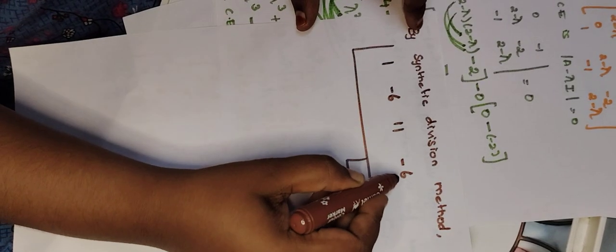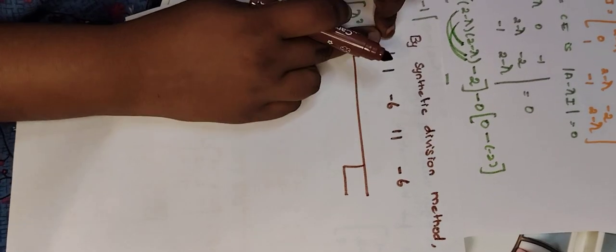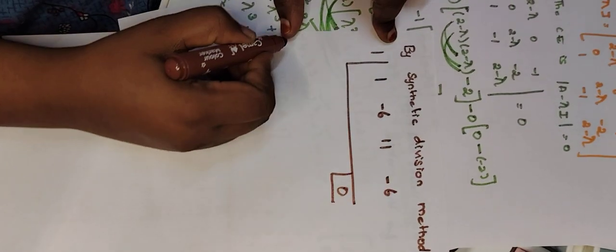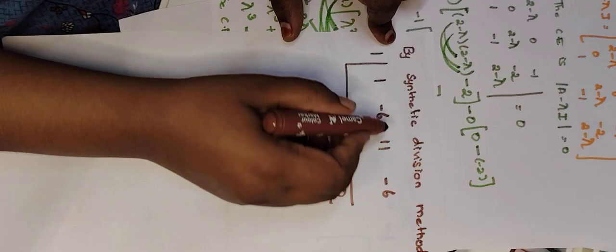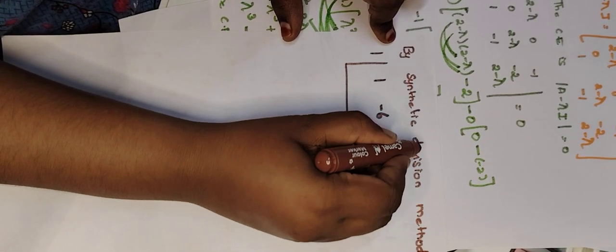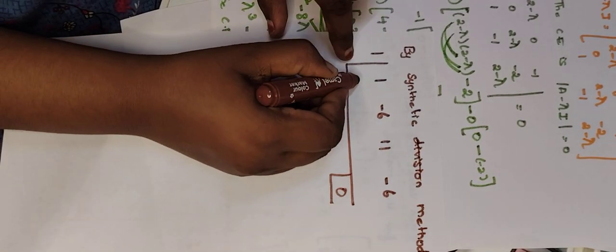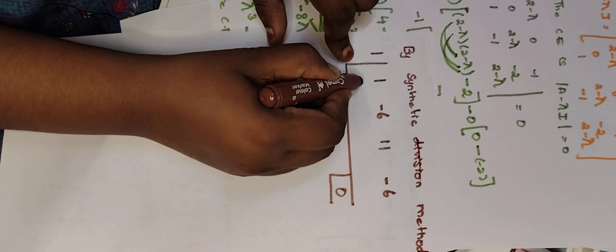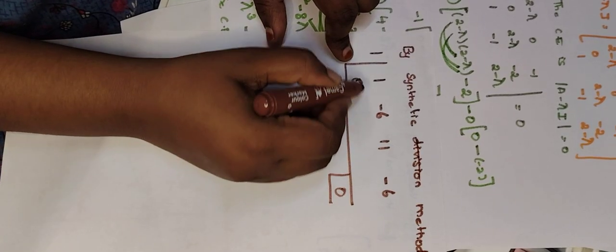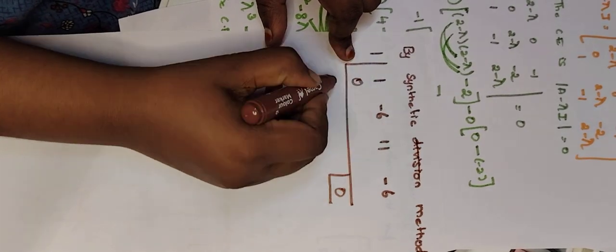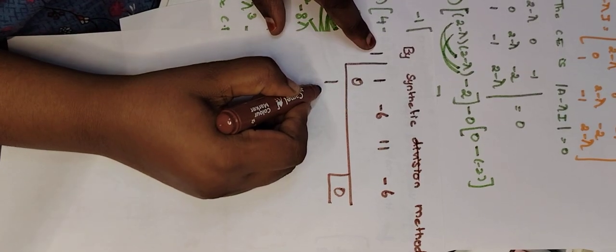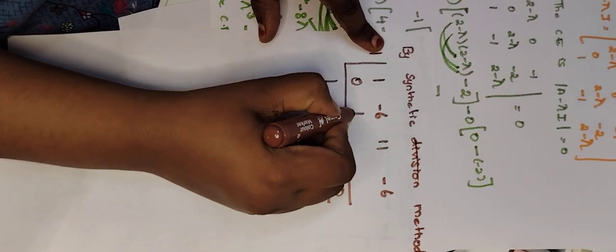The last term we need to multiply by some value such that the multiplication and addition at the end gives the value 0. So if I take the value 1, in the first step I'll write 0. So 1 plus 0 will give me 1. 1 into 1 is 1.